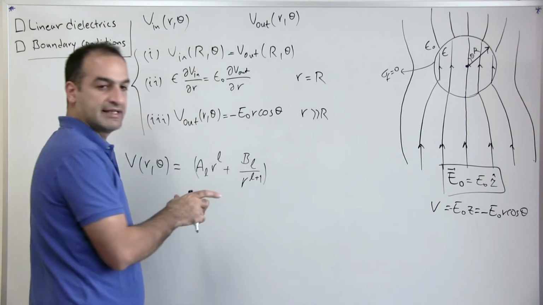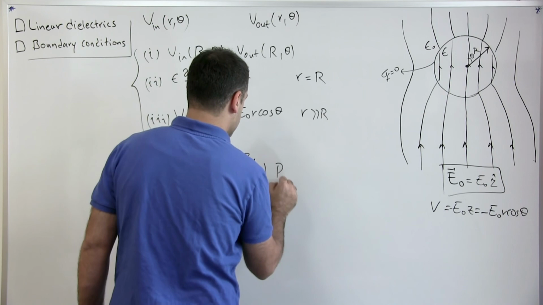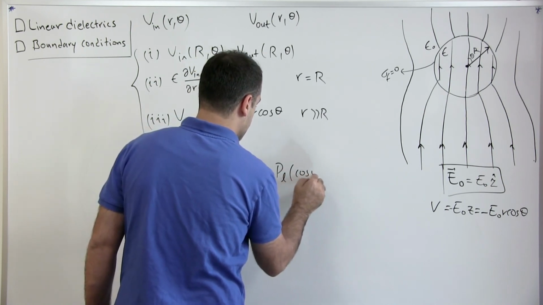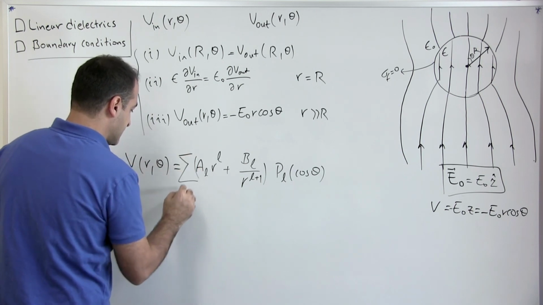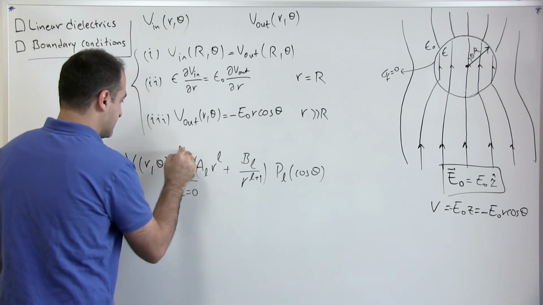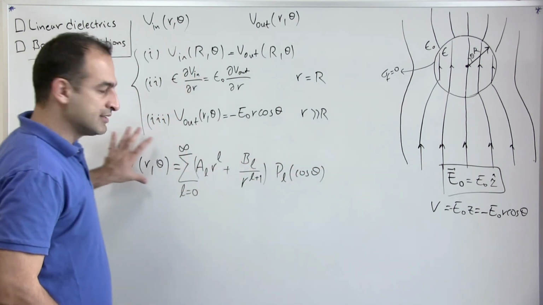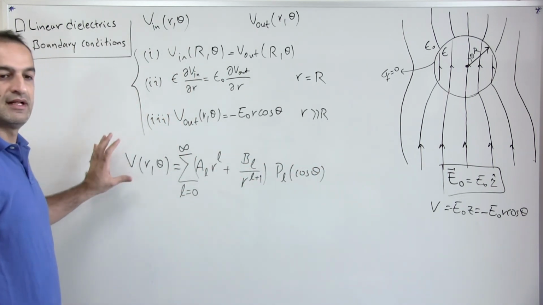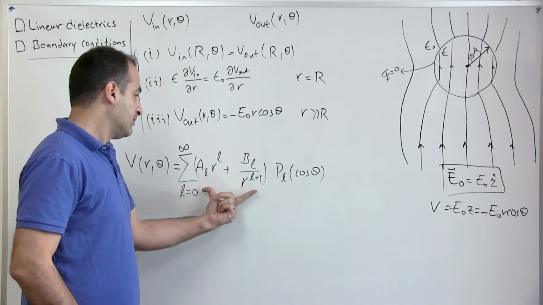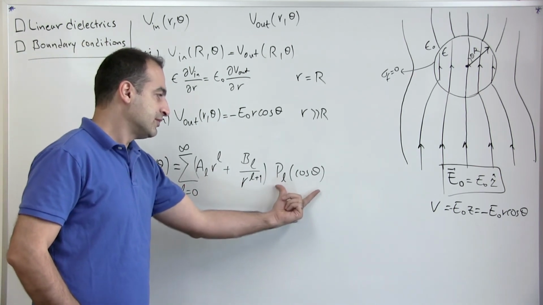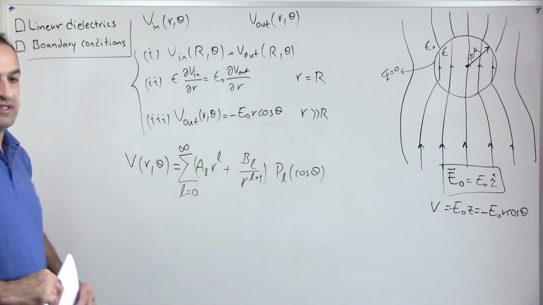This is what we had in the chapter that we discussed separation of variables, times P_l of cosine theta. Of course, we're going to look at a series made by this. So this is the general solution result of the separation of variables. This is the function only of r, and this is the function only of theta, and the summation of that is the general solution we had.